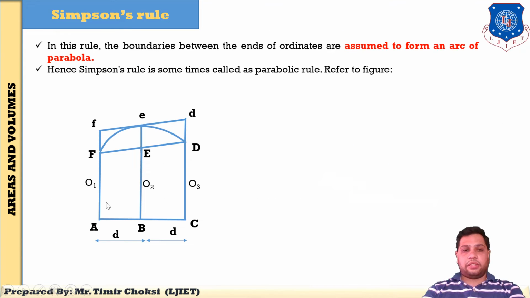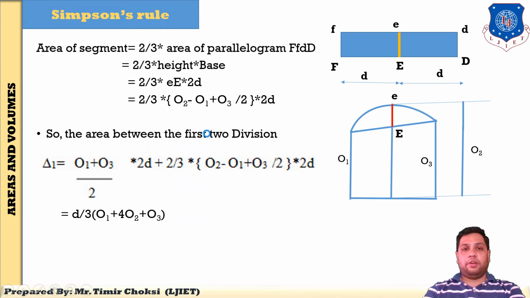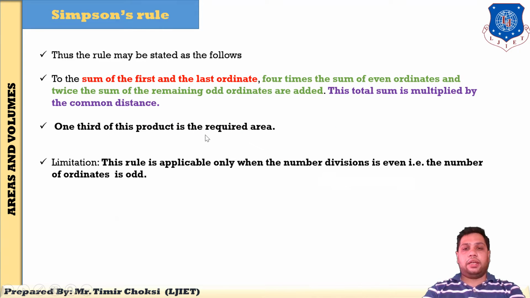Because the line joining the offsets is always in an odd form. So this rule is applicable when the number of ordinates is odd. I mistakenly wrote this here.